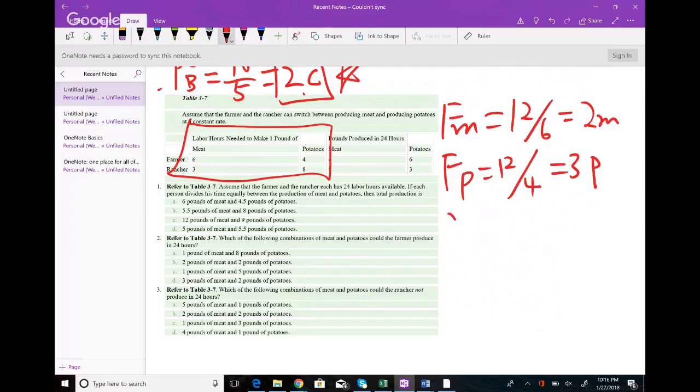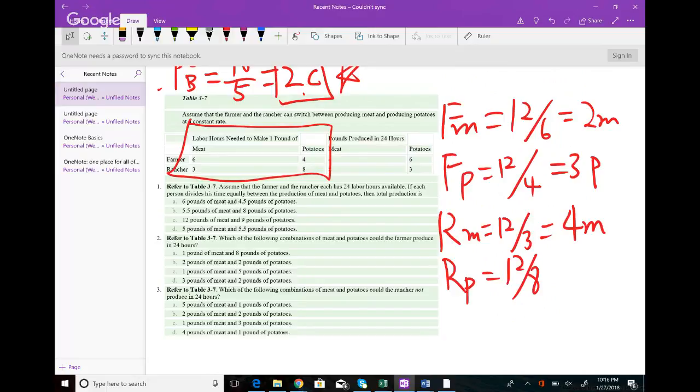And then for the rancher, meat is going to be 12 hours divided by 3, so that's 4 pounds of meat. And for the rancher's potato, that's 12 divided by 8, so that should give you 1.5 potatoes.